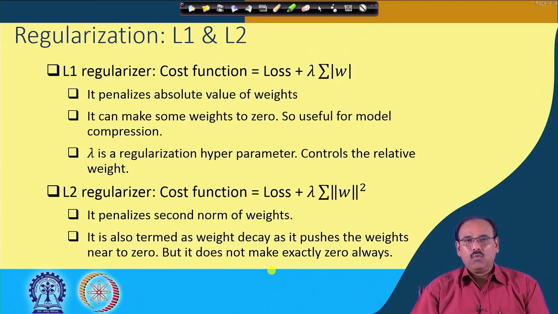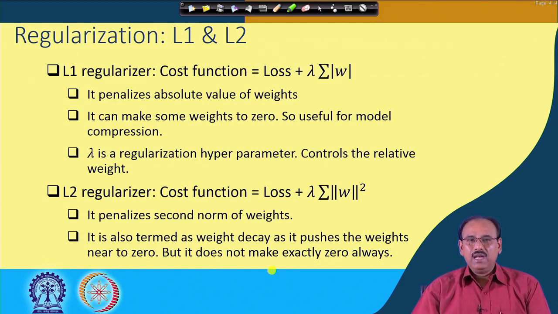In case of L1 regularization, your total cost function becomes data loss plus lambda times the sum of absolute values of the weights. This tries to make your weight parameters smaller. Lambda is a hyperparameter which controls the relative importance of the data loss term and the regularization term. So, this hyperparameter lambda has to be manually set.